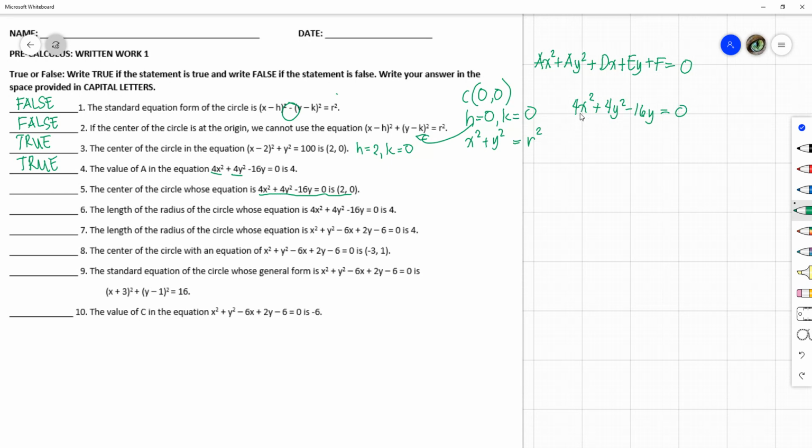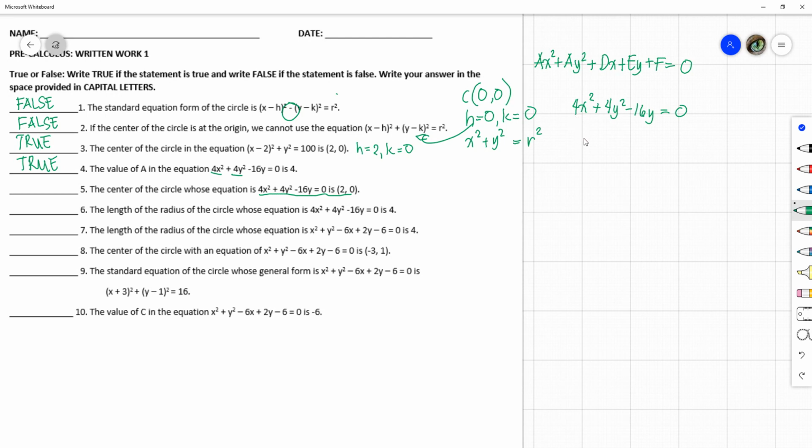As you can observe, all the numerical coefficients of the terms in the equation are divisible by 4. In other words, we can reduce the numerical coefficients by dividing this equation by 4.